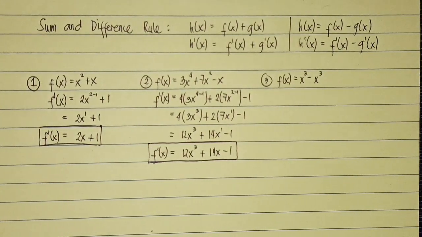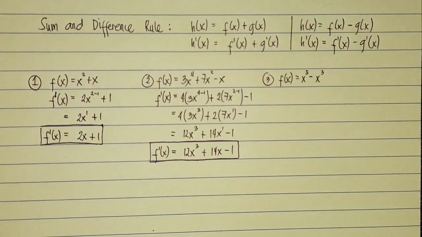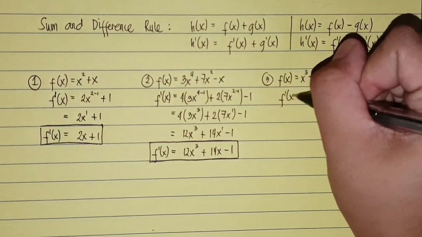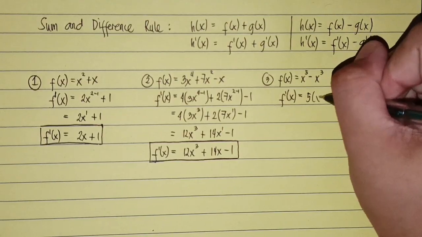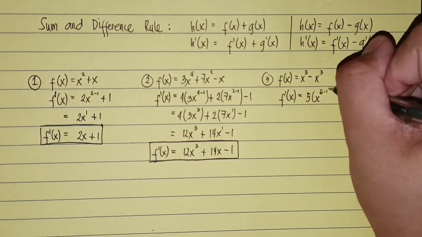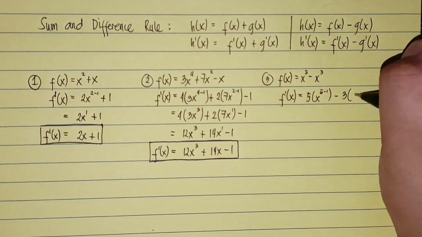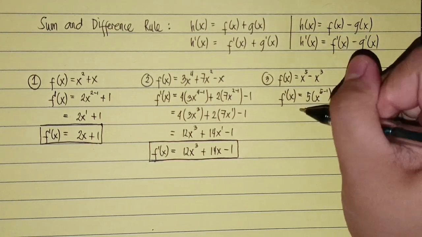Now for our third example, our function is given as f of x is equal to x to the power of 5 minus x cubed. To answer this, let's get the derivative of each term. The derivative of x to the power of 5 is 5x to the power of 5 minus 1 by applying the power rule, and the derivative of x cubed is 3x to the power of 3 minus 1 by applying the power rule.